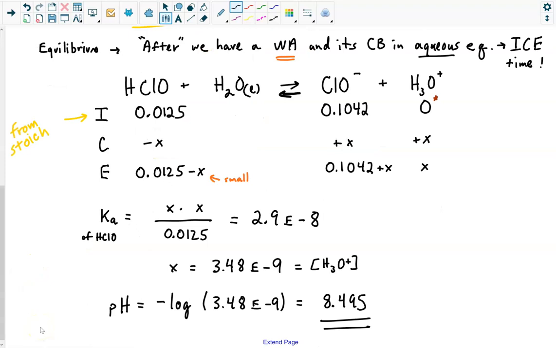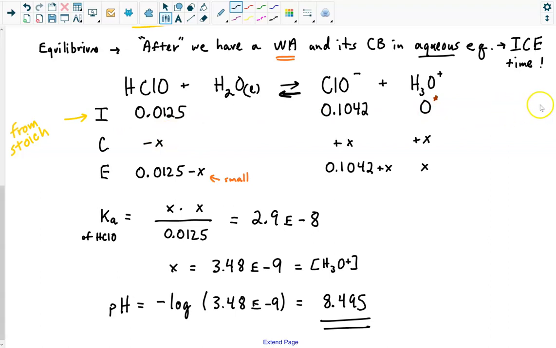Okay, so to do this, you have to look at what you have. Well, you start out with this HClO 0.0125 molar and ClO minus 0.1042 molar. You assume, remember, the hydronium is negligible, right? Even though it's 1 times 10 to the negative 7th, because this is all dissolved in water.